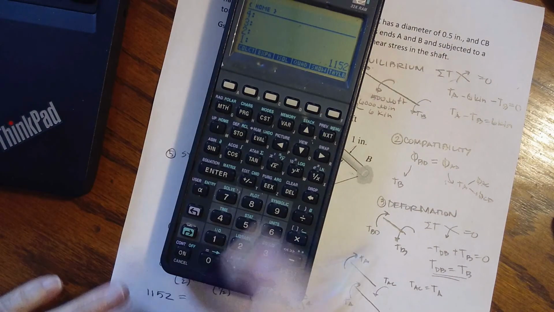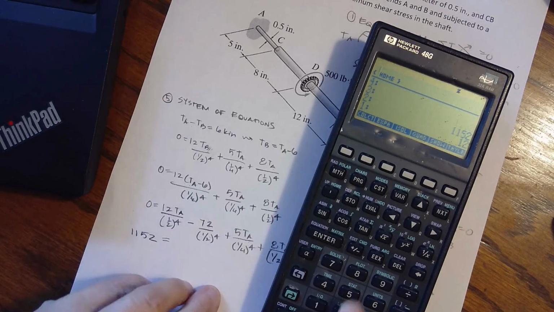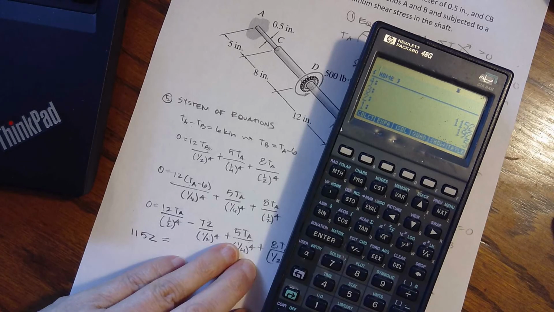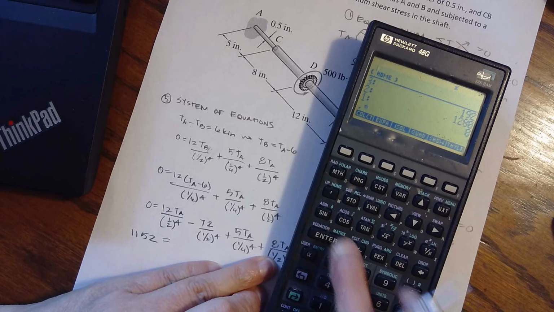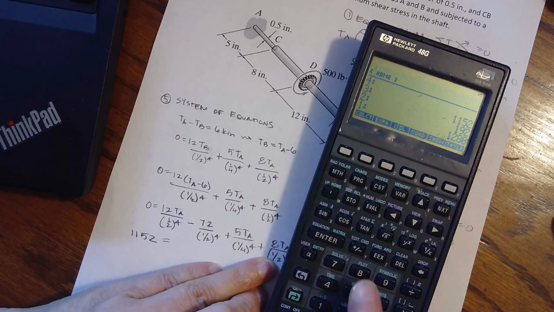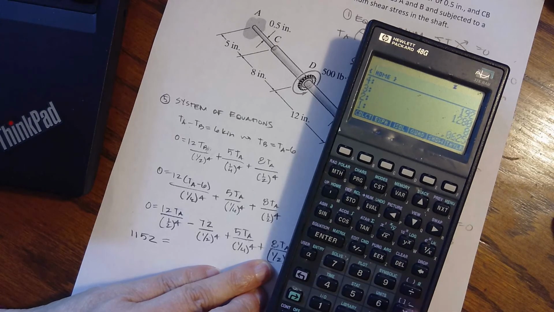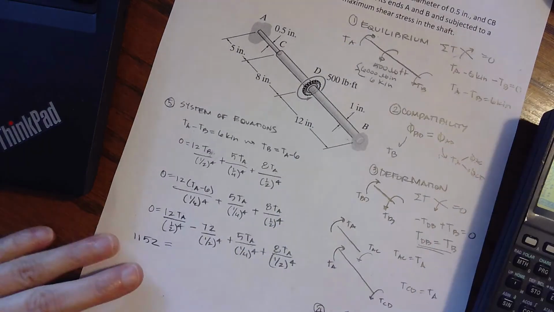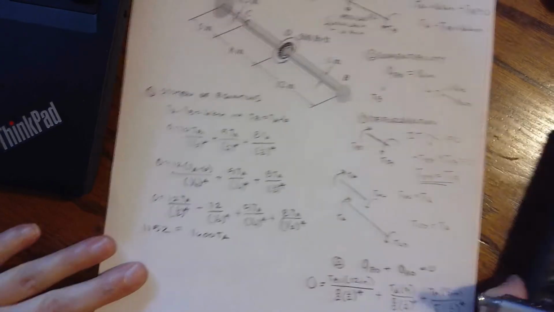Equals, and then I've got 12 times 0.5 to the 4th, divided by 5 times 0.25 to the 4th, divided by 8 times 0.5 to the 4th, divided by, plus, and I get 1600. I get 1600 TA.